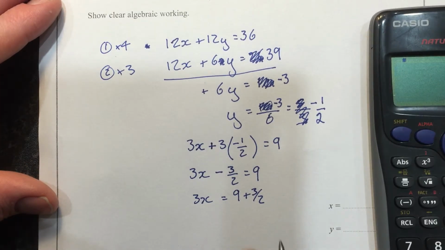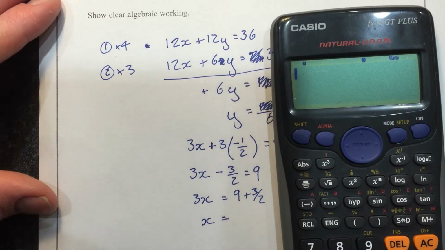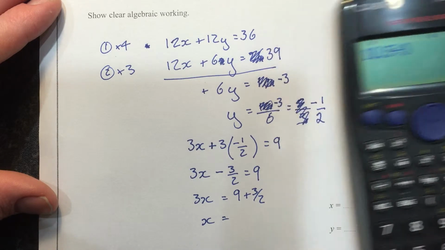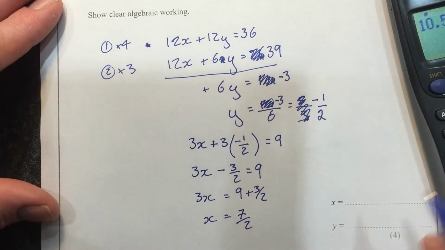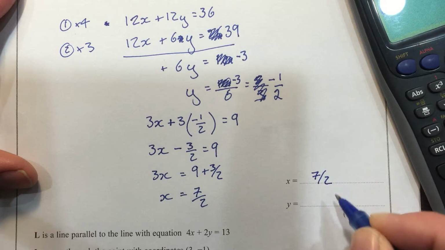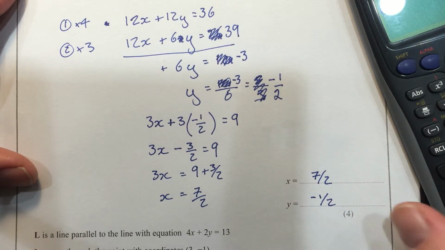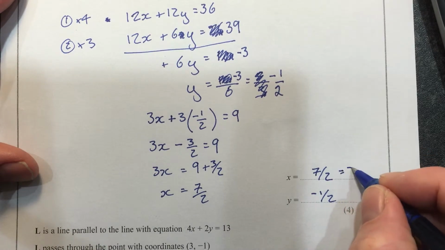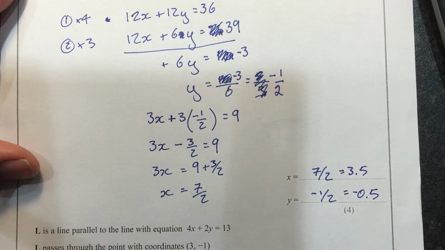So that's 10.5. So x is 10.5. So 10.5 divided by 3, which is 7 over 2. Okay, so there x is 7 over 2 and y is minus 1/2. You could have those as decimals, so 3.5 is fine, minus 0.5 equally fine.